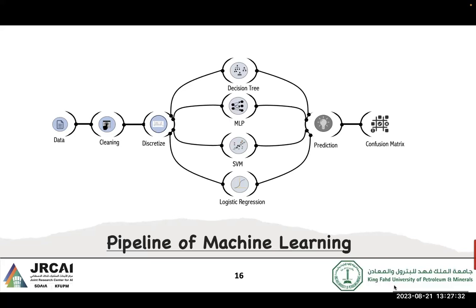Once we finish the preprocessing steps, we can pick one of the models. Of course, you can combine them, but we assume here you would use one of them. You have to train the model after you split your data for training and testing, and then once the building is finished, we have the evaluation step.